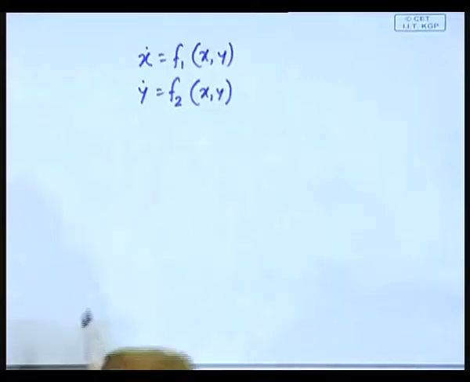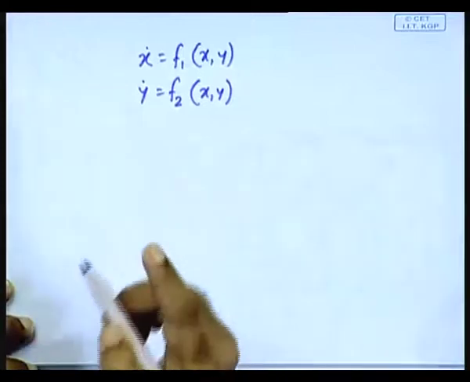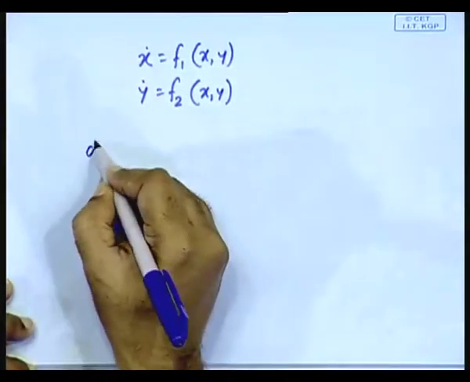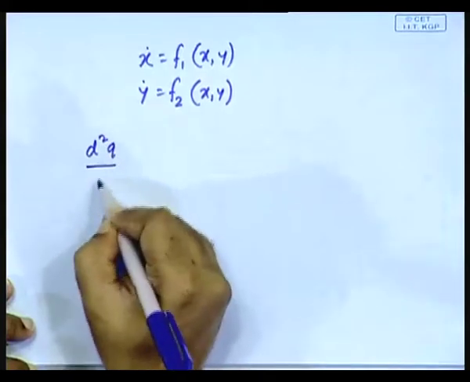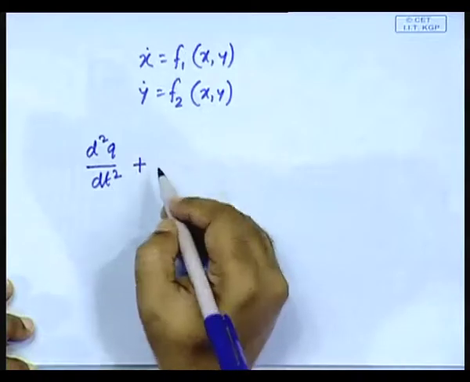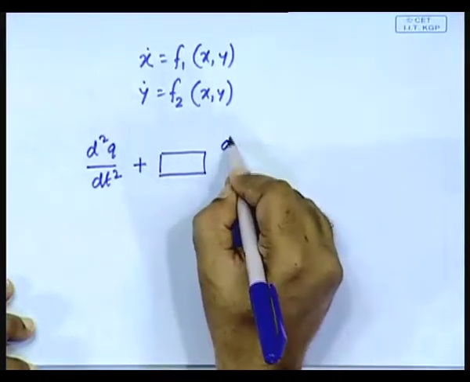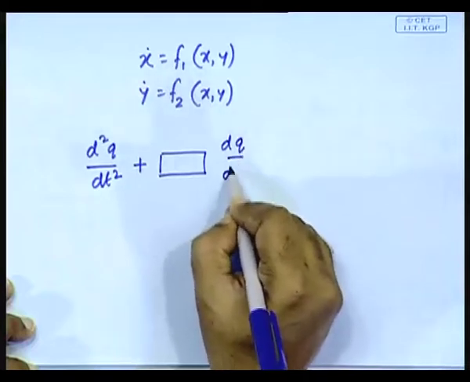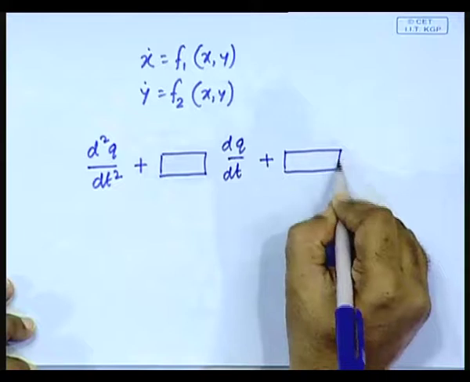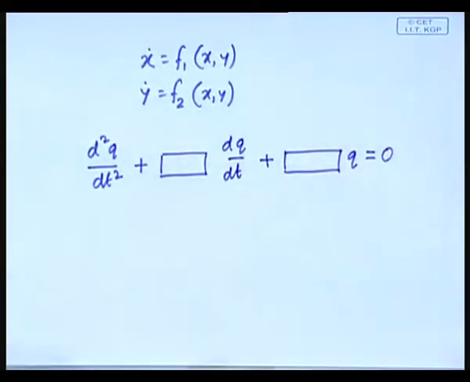Normally the equation will be given in the form, if q is a state variable, the second order equation would be d2q/dt2 plus something times dq/dt plus something times q is equal to 0.